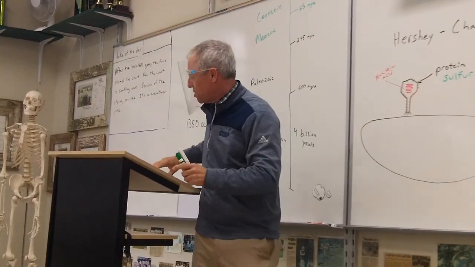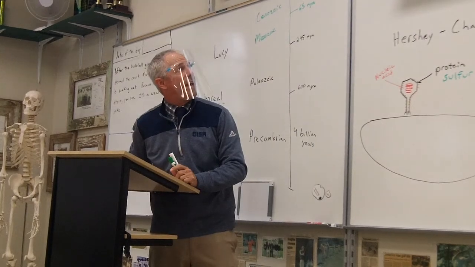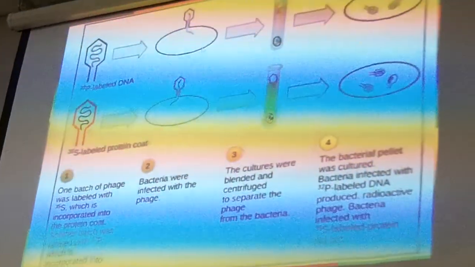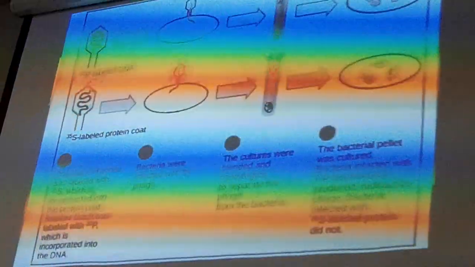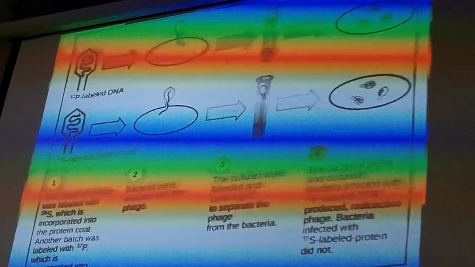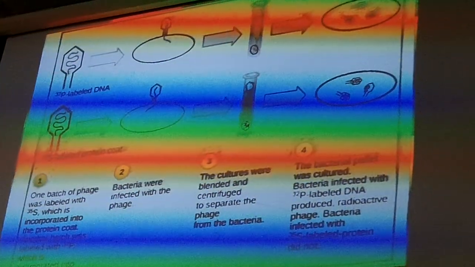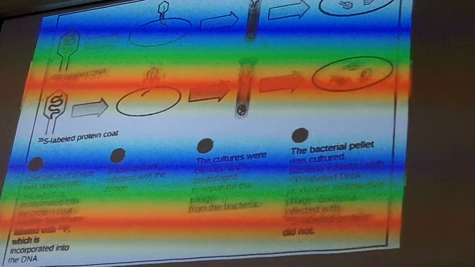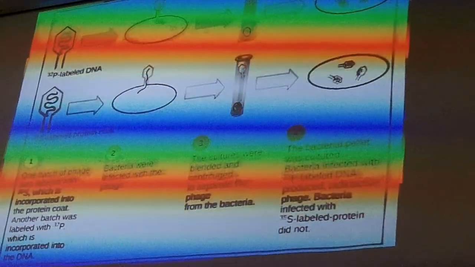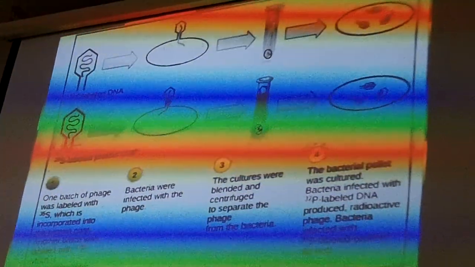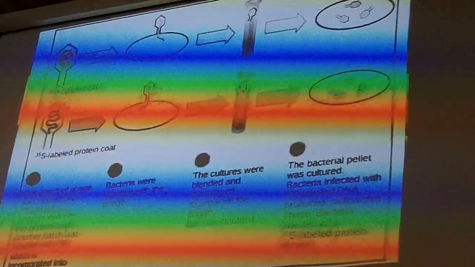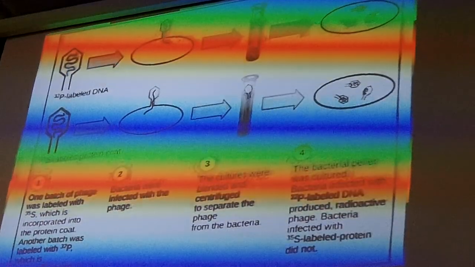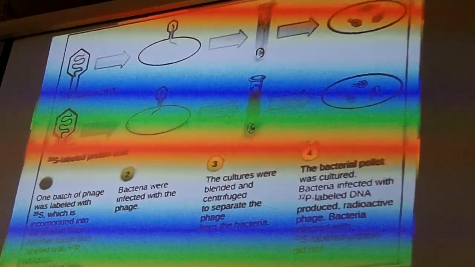After the viruses landed on the cells and infected the cells, then they spin them around, and these little virus coats come off of the cells, you see, and float up to the top, and the heavy cells go down to the bottom. And they look for where the radiation was. So in this group out here that has radioactively labeled phosphorus, all the radiation was down in the cells.